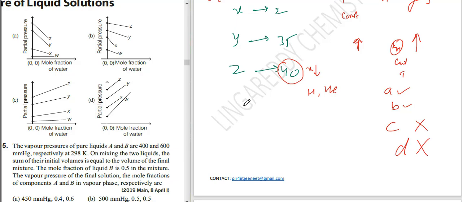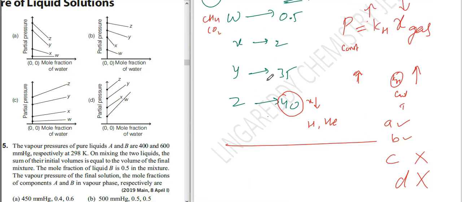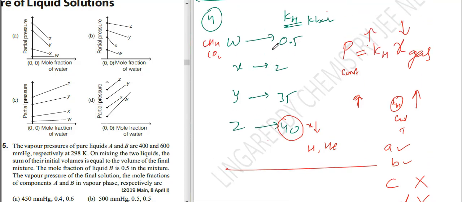Now in A and B, which is correct? In both cases Z is decreasing, Y also decreasing, and X also decreasing here. The 3 lines are the same. Only W is the variation. So based on W we have to decide. Now see here, W is less than 1.